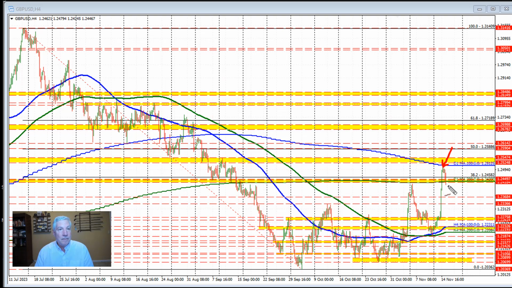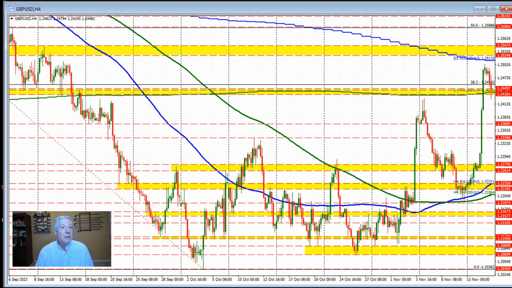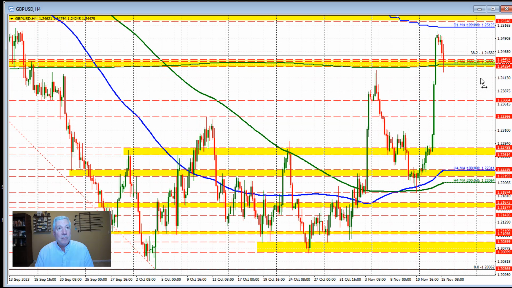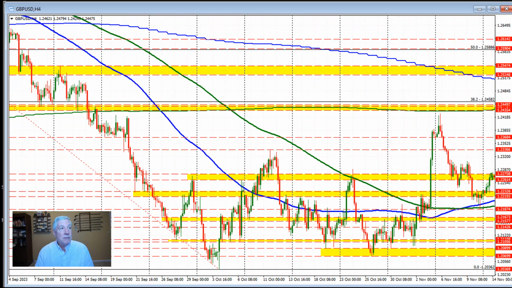We did move below, or are trying to move below, this swing area in this pair. I'm going to zoom in here to get a better view of it. That swing area comes between the 1.2435 and 1.2449 level, and it corresponds with different swing levels going back to this period right through here.